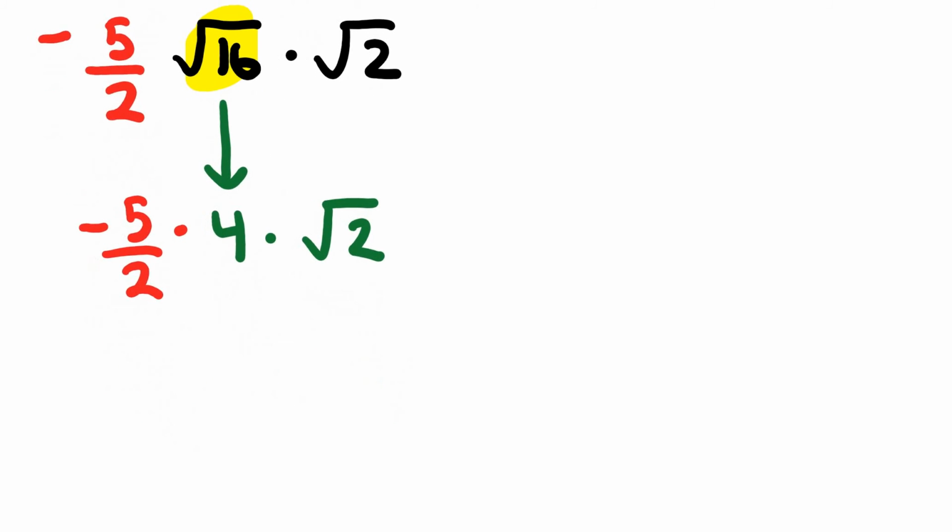Okay, and then we just got to simplify this. A few ways you can do this. I like to do division first if possible. So what's 4 divided by 2? Well, 4 divided by 2 is 2, and 2 times 5 is going to be 10. So negative 10 root 2 as a final answer there.